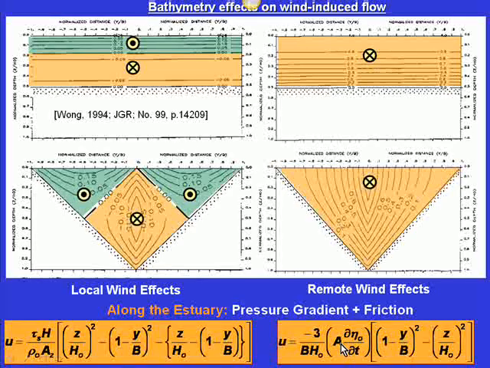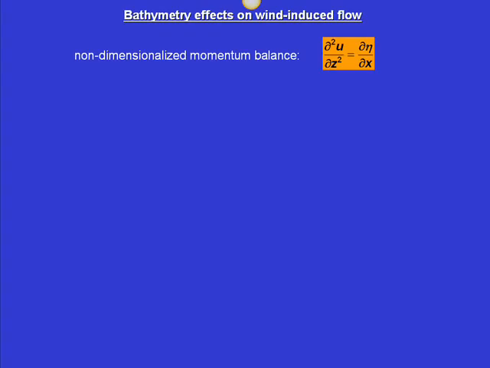A is the cross-sectional area of the channel, and B is the maximum width of the channel, and H naught is the maximum depth of that channel. Okay, so that's what started us thinking about this problem. Us, when I say us, the community. Also, there were earlier papers actually on lakes, but this concept made us think about the problem.